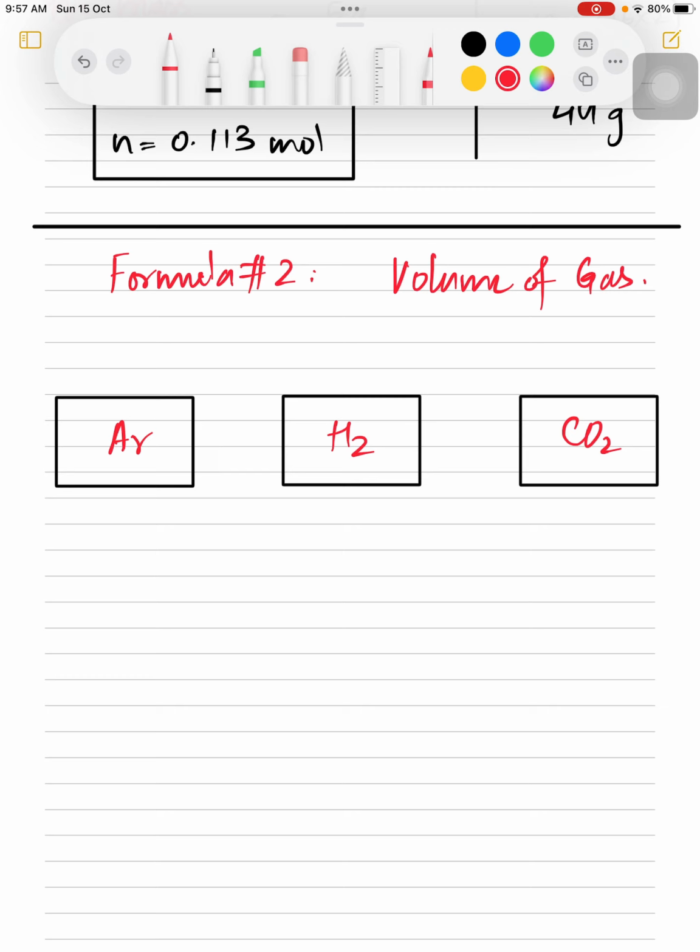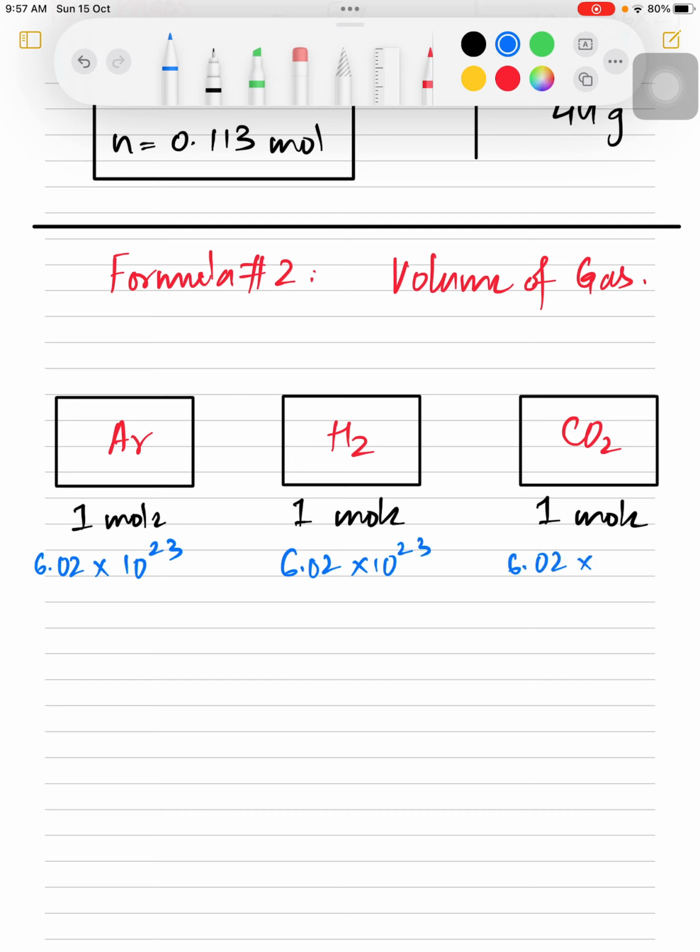If we talk about how many moles are present, each container contains 1 mole, 1 mole and 1 mole, and each is 6.02 times 10 to the 23. So these are the atoms and these are the molecules.